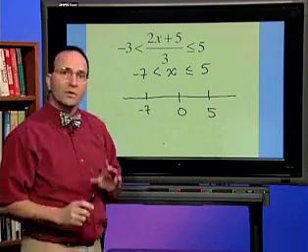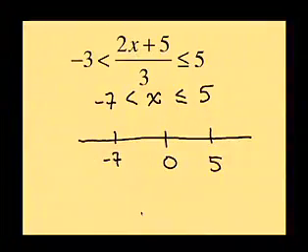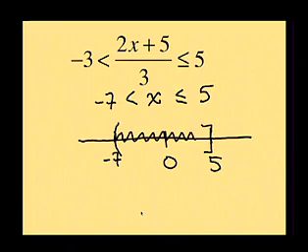And now we know that we're going to have an open parenthesis at negative 7 because negative 7 is not included. We have a bracket at 5 because it is included, and it is all the values between negative 7, exclusive of negative 7, and inclusive of 5. And that would solve the original inequality.